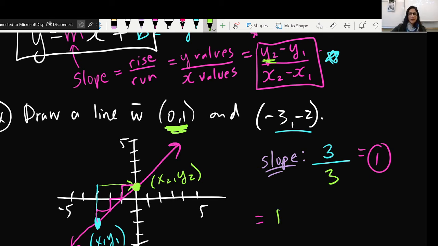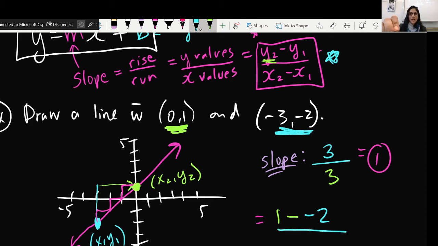And then according to the formula, I'm going to subtract. And what is my y value down here? Or it's this one. -2. Everybody good with that and see how I got that? You sure? Any questions? We're good with that?